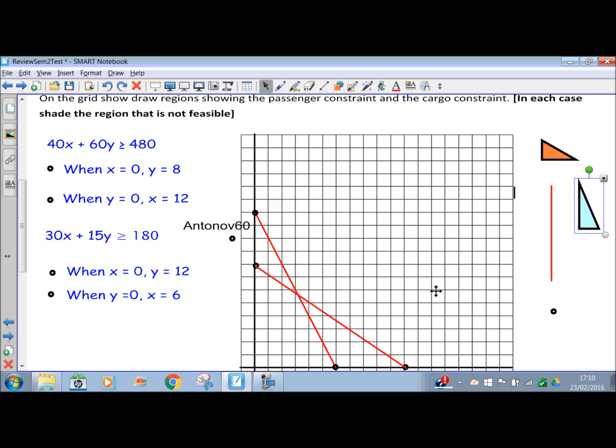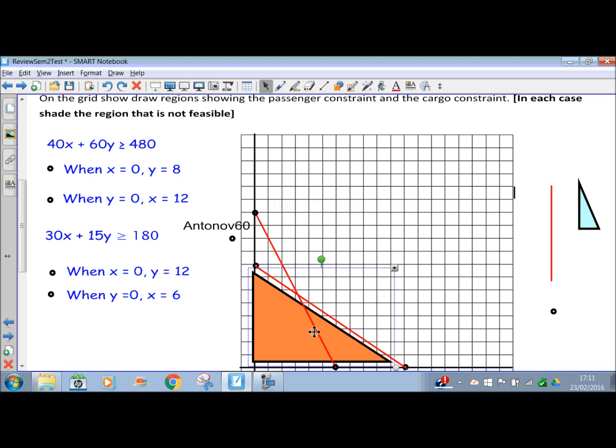So we will shade the region of the graph below the line. And the region for the 30x plus 15y is greater than or equal to 180 is above the boundary line for that inequation. So again we will shade below the line.